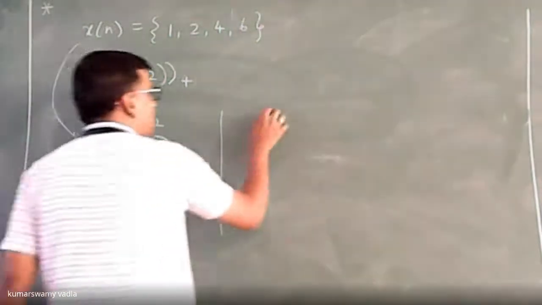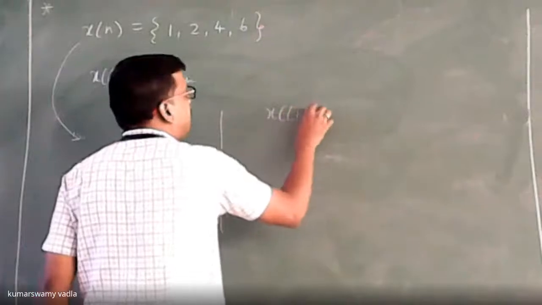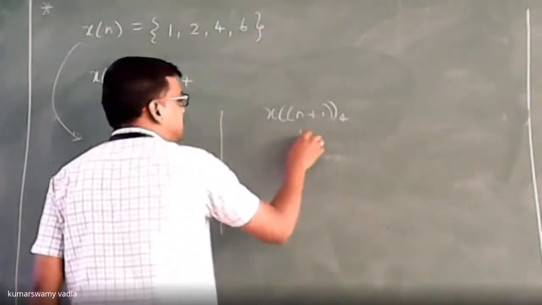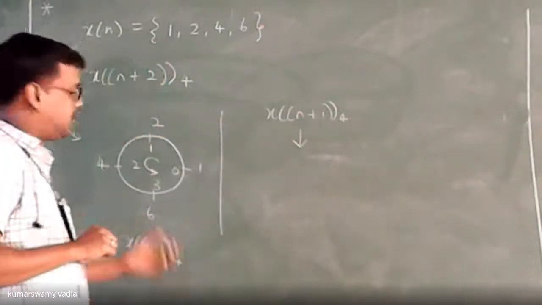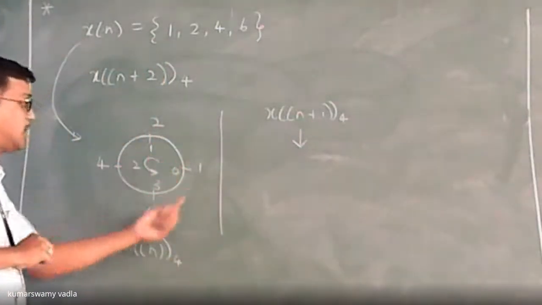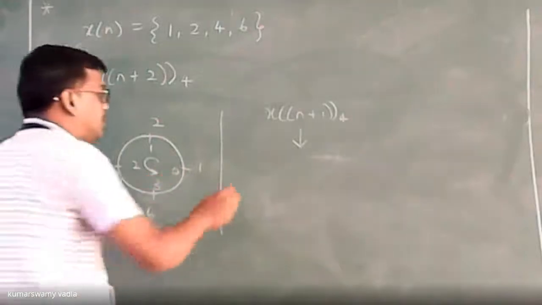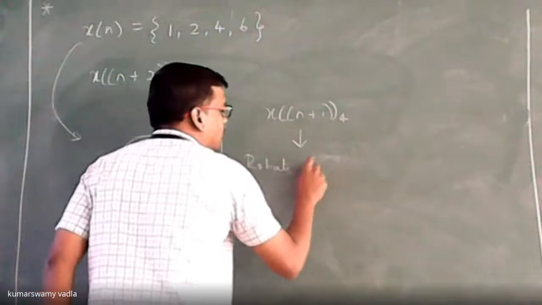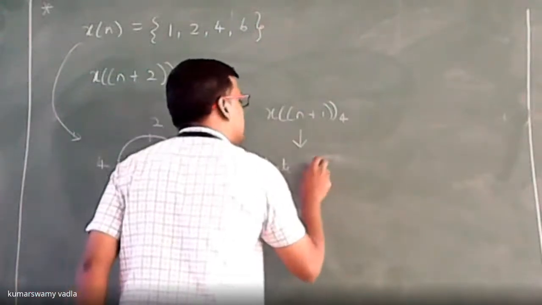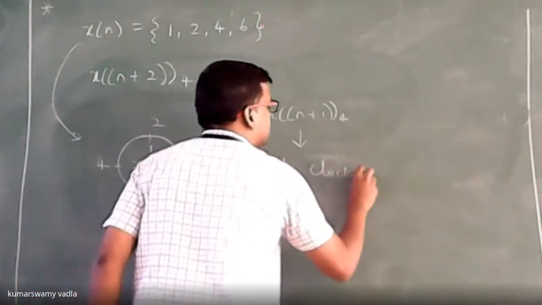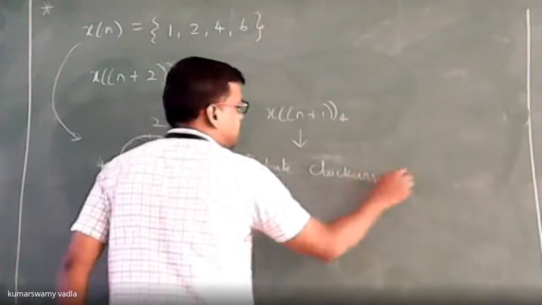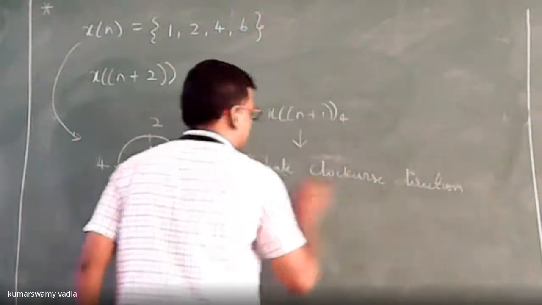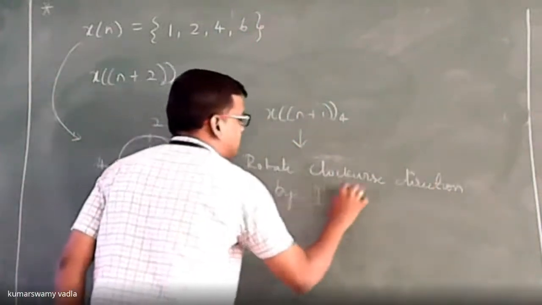Next, let me draw x of n plus 1 of 4. To achieve this, you should rotate this clockwise, students, by one place.